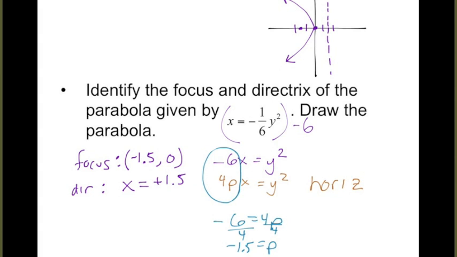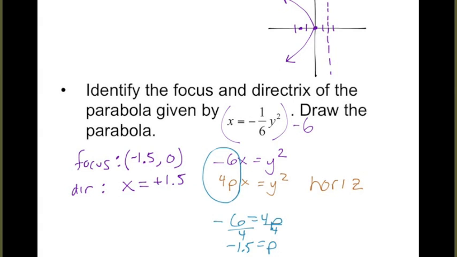This is larger than 1 since it's 1.5, so that means this one should be a little bit wider. Okay? If we had a small p-value like 0.5, then we would expect a narrow parabola. But we're not going to plot any exact points to determine the width. But big p-value, make it wide. Small p-value, make it narrow. Okay, and 1 is kind of the middle.